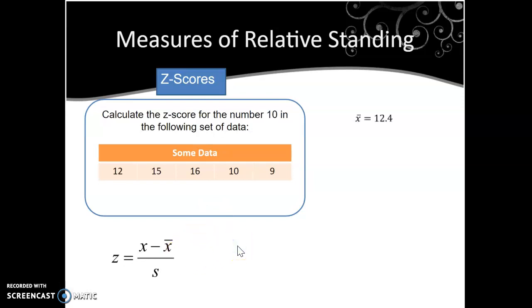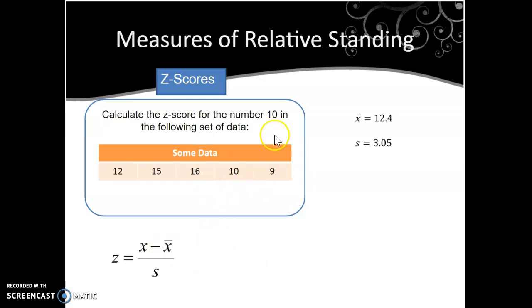The mean for this is 12.4. The other value that we're going to need for the z-score is the standard deviation. That one's a little bit trickier. We covered it in the previous lesson. You can use either the original formula or that shortcut formula to find the standard deviation. But when you calculate that, you should get a standard deviation of 3.05.